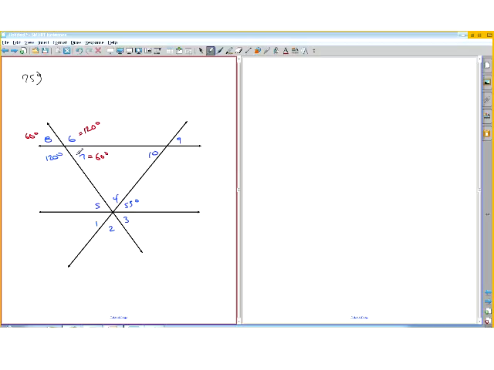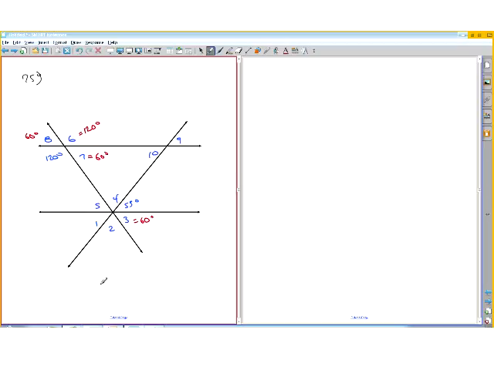Okay, now, what else do we know? Well, here we have two parallel lines and a transversal. This angle 3 here is the same as this angle right there. So that's equal to 60 degrees. Now we have a straight line here.